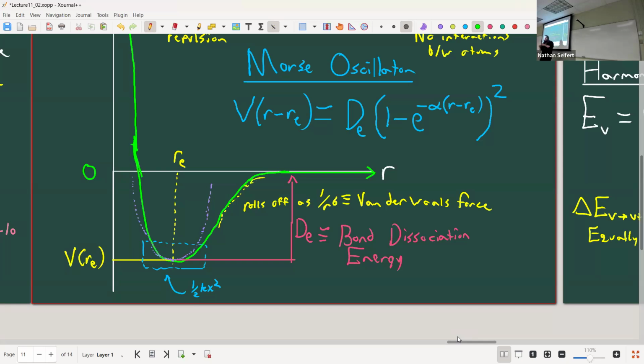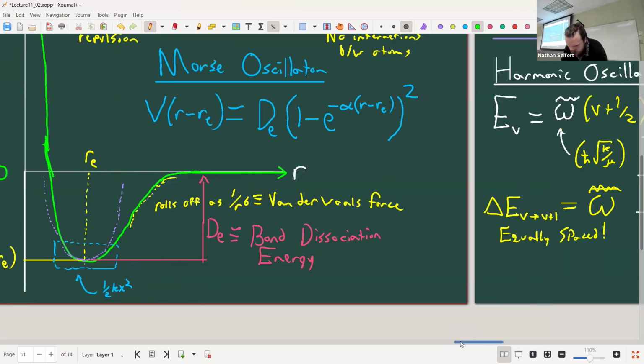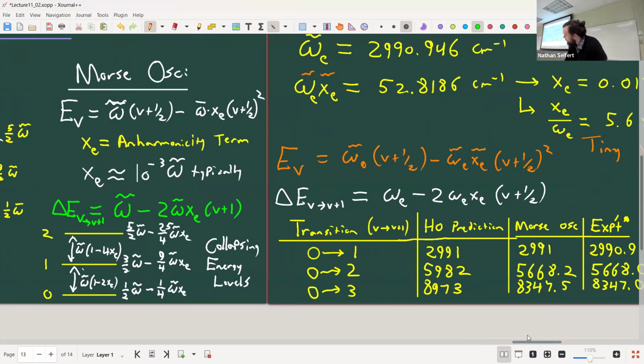So how would the energy levels change? Well, every time you add a new term to your potential, you add a new term to your energy calculation. So when we go to a cubic potential, we get this quadratic term, so maybe XE. When we go to the next level, which would be the potential to the fourth power in position, we're going to get a cubic term here.